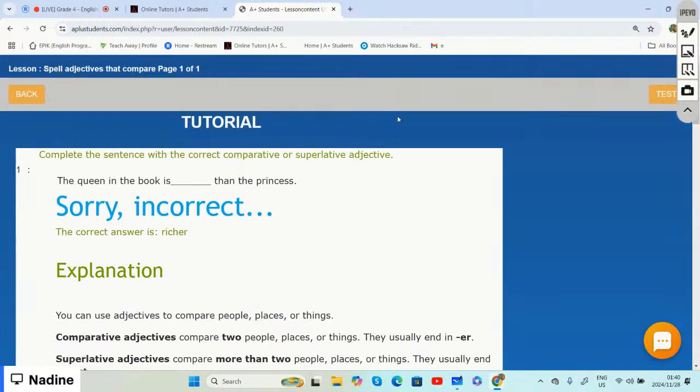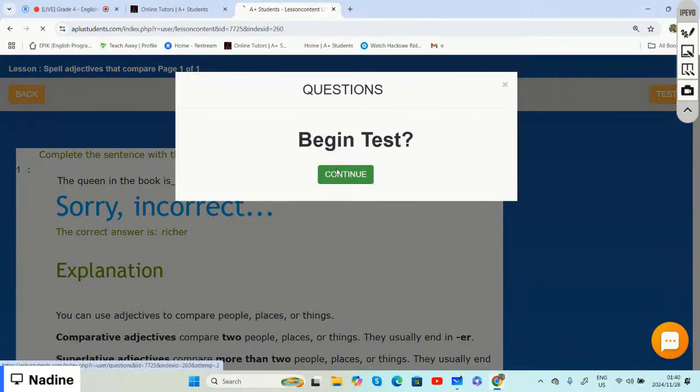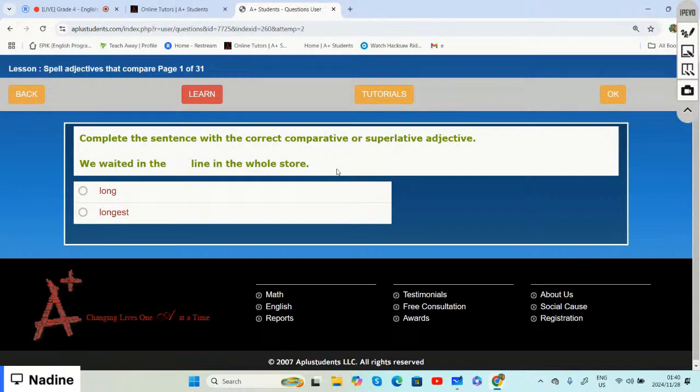All right. So now we're going to our test where we're going to spell adjectives that compare. It says we need to complete the sentence with the correct comparative or superlative adjective.